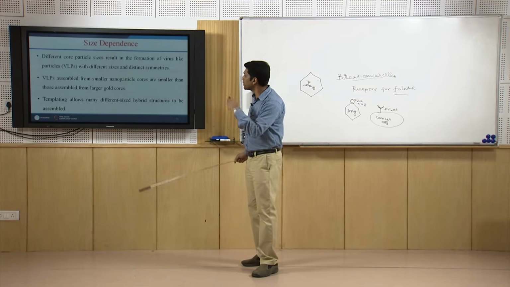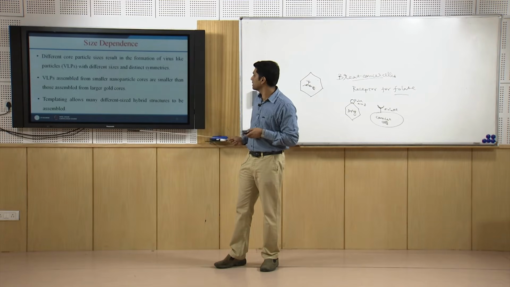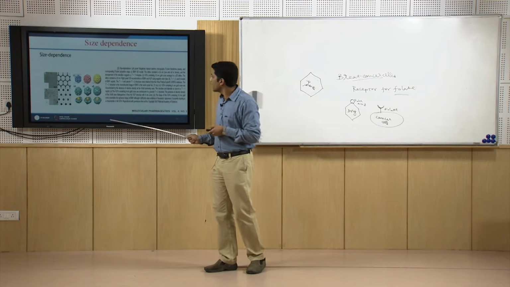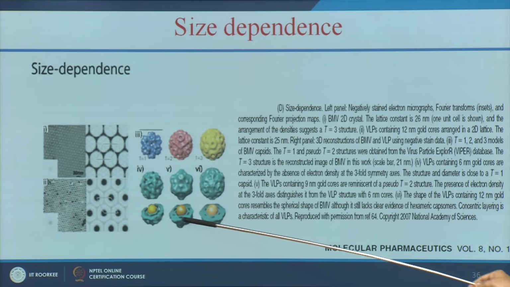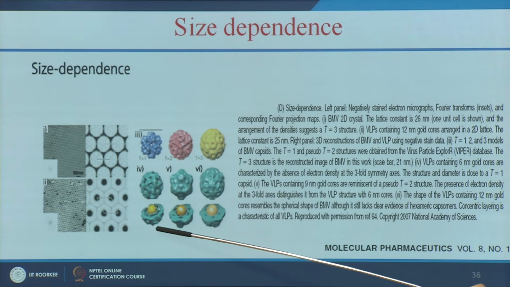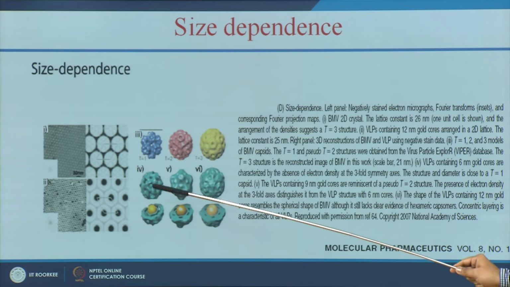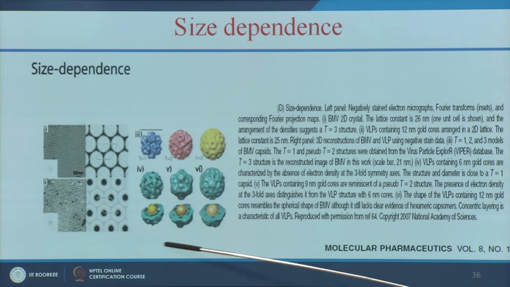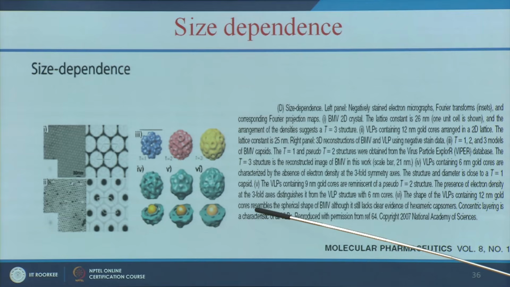And next one is size dependence. We can use these viruses as size constrained vessels for making different size nanoparticles. Okay. For example, here you can see these are different types of virus and each comes with a different size. So when you synthesize nanoparticles, you will get a uniform size. At the same time, based on the viral capsid protein size and maximum capacity, it will make different size nanoparticles.